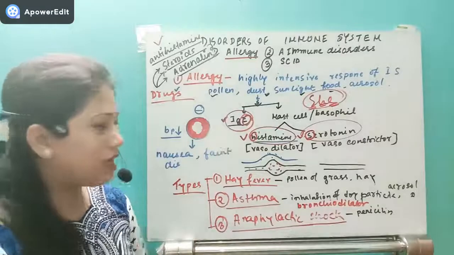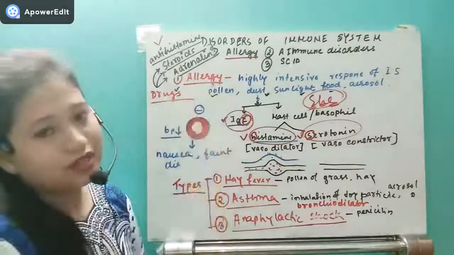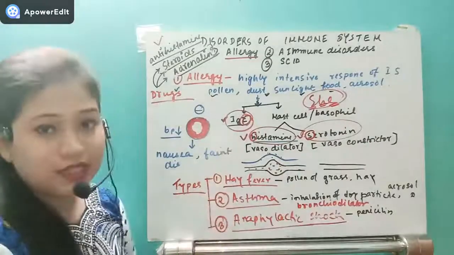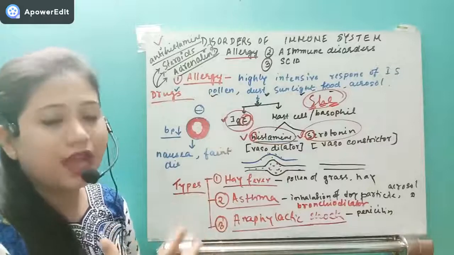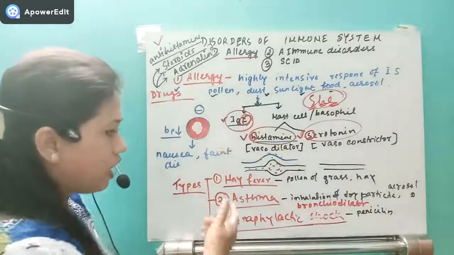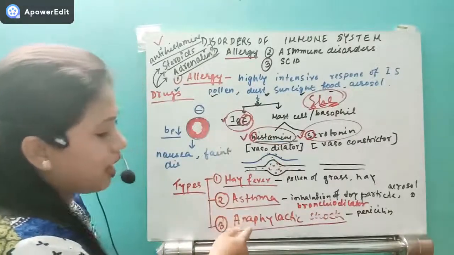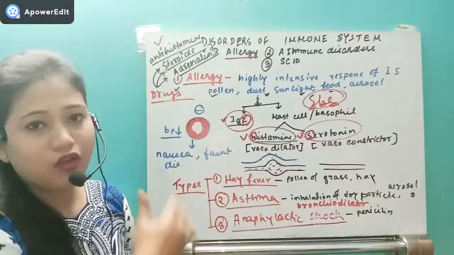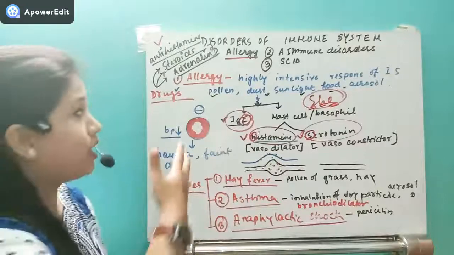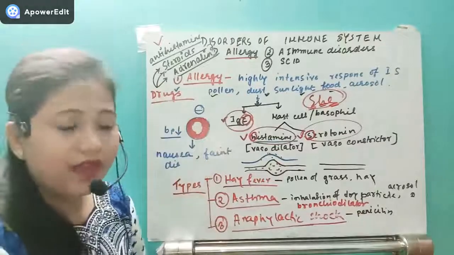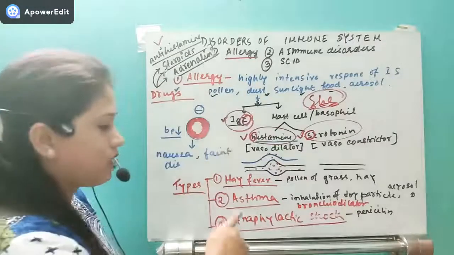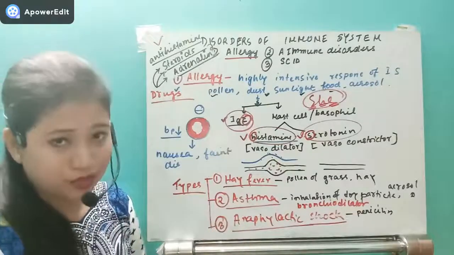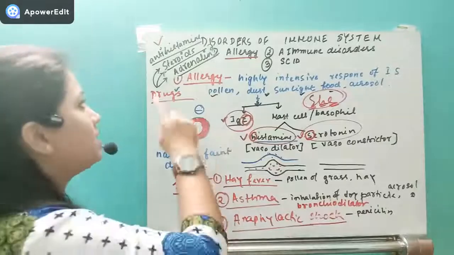So we have seen that there are three types of drugs that can be used. There are three allergic reactions: hay fever, asthma, and anaphylactic shock. We can take any of these drugs. But very often in the case of asthma, a specific type of drug is used that is not antihistamine.